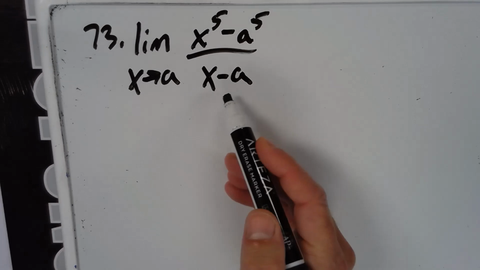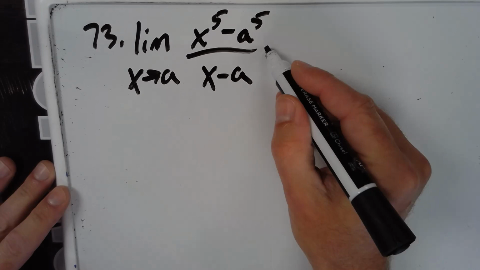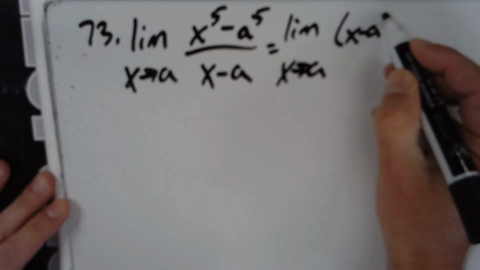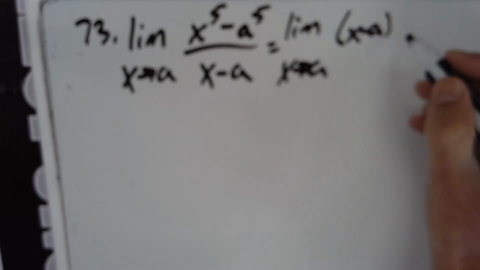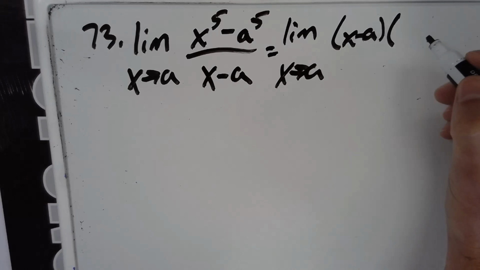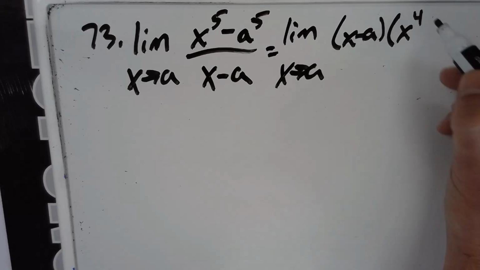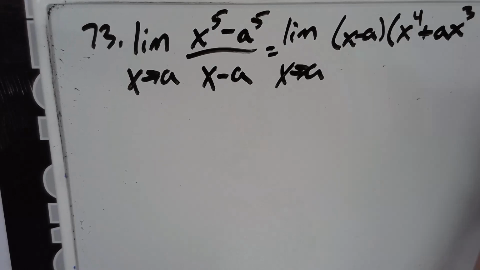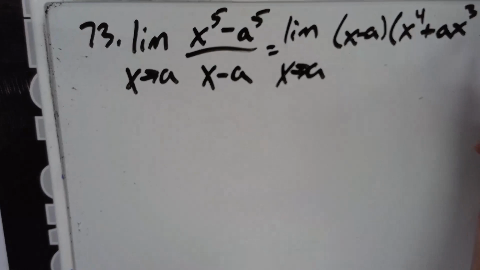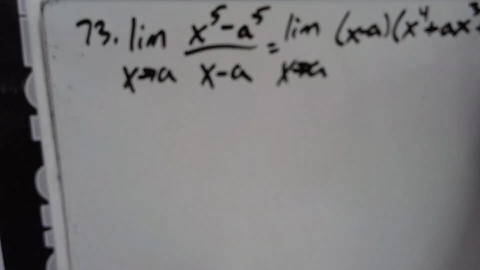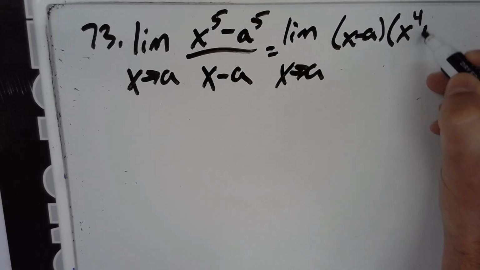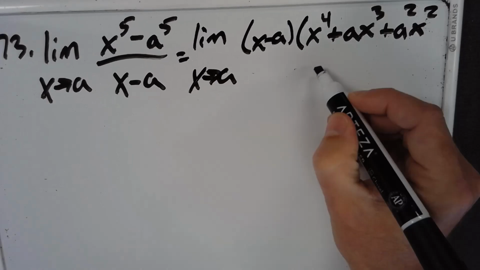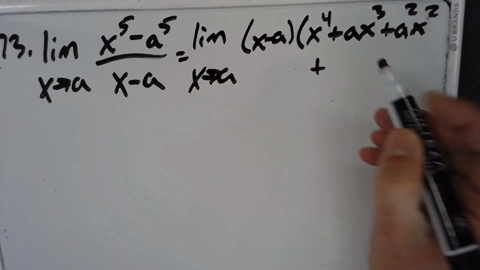So the formula just says x minus a there, and then x is decreasing by 1, so then we got x to the 4th plus a x to the 3rd, and then a squared x to the 2nd, then plus a to the 3rd x plus a to the 4th.